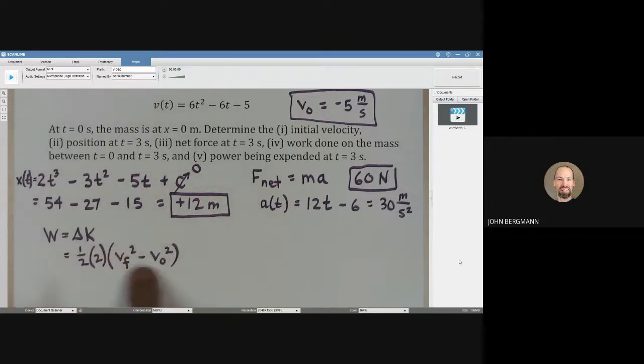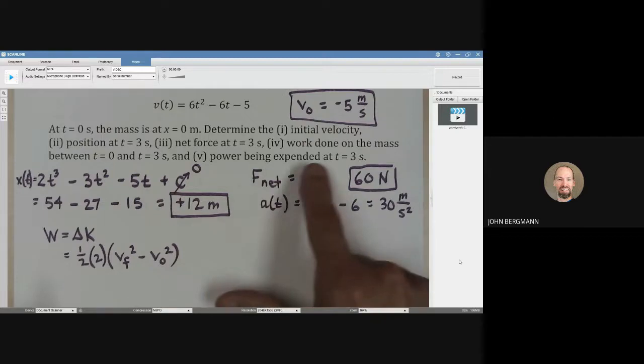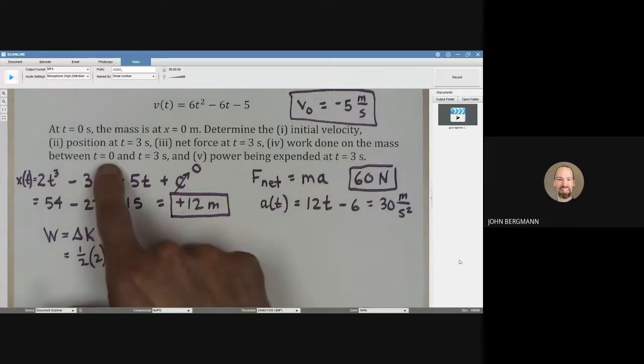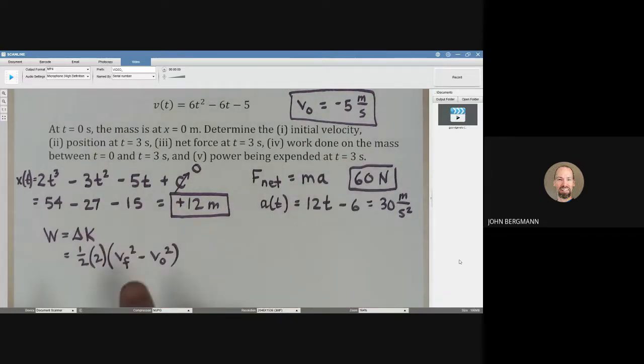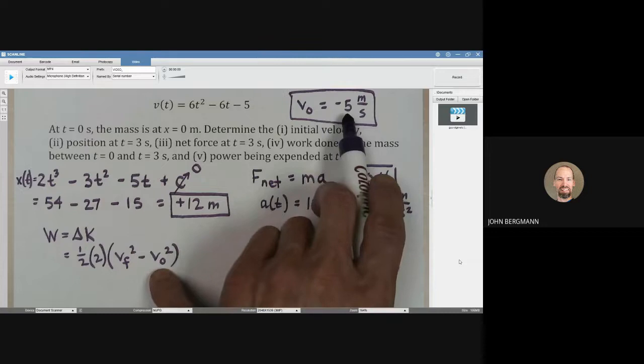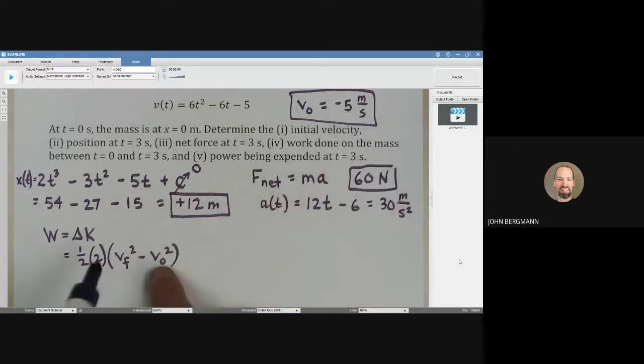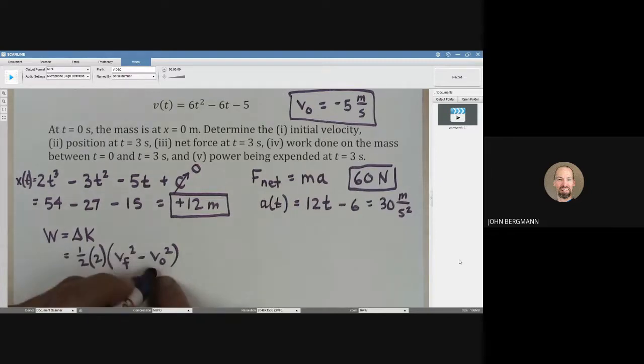Now, this final and initial are for the time in question here, between time 0 and time 3. All right, so time 0, what is the initial speed? We figured that out to be -5. All right, so you square -5, you still get positive 25. This v naught squared, that part there is going to be 25.